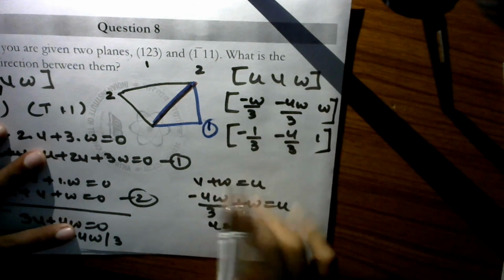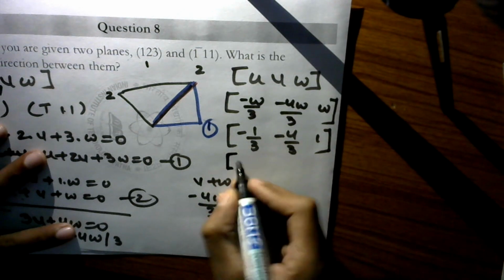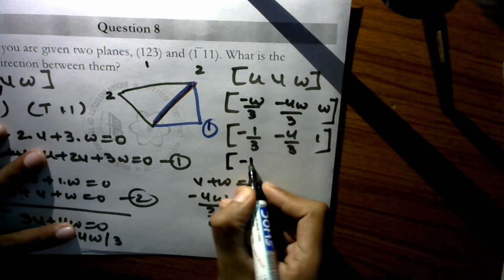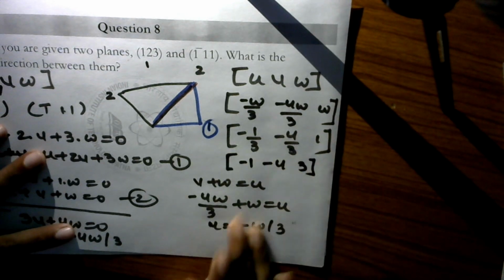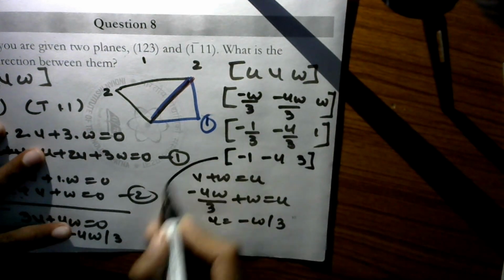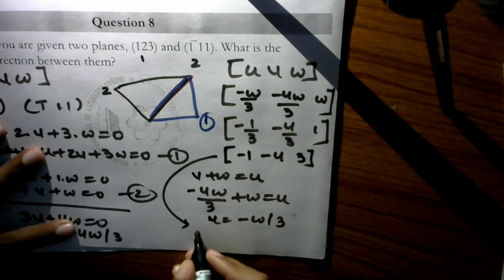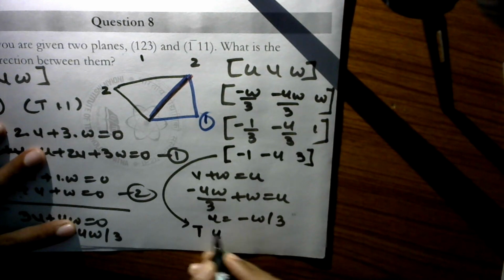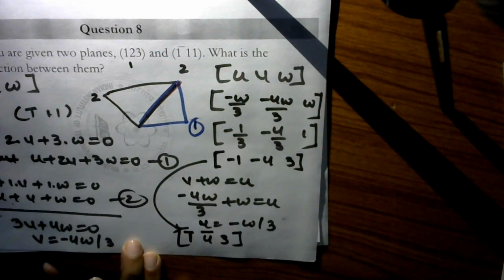Now let's multiply everything by 3. We will get minus 1, minus 4 and plus 3. In the Miller indices of a direction, we don't put a minus sign before the number; we put a bar: 1 bar, 4 bar and 3. So this is my correct answer.